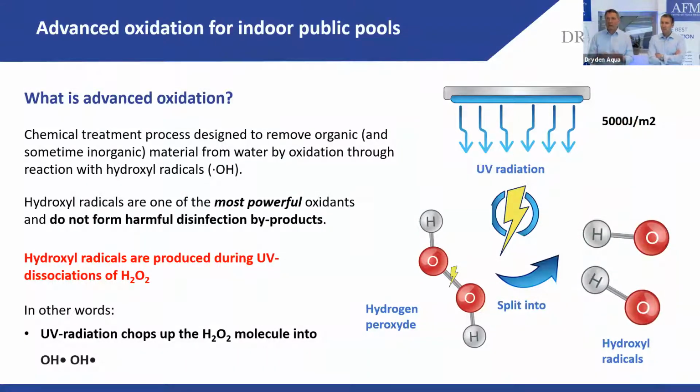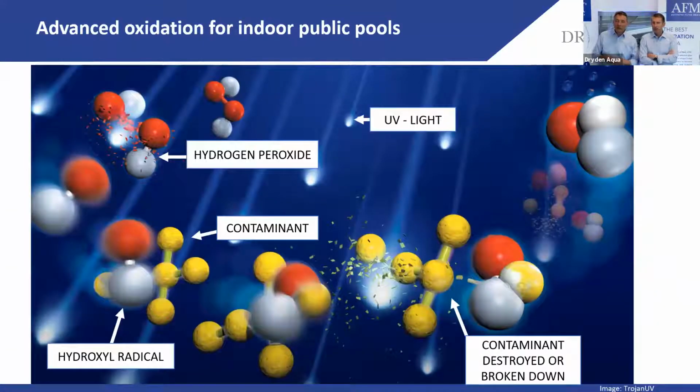To give you an example, in pools, if you want to disinfect the water, you use about 250. For drinking water, it's 400. Here we have 5,000. This is 12 times more. So we really need a massive amount of photons to split this hydrogen peroxide into hydroxyl radicals. This is what we use the UV for.